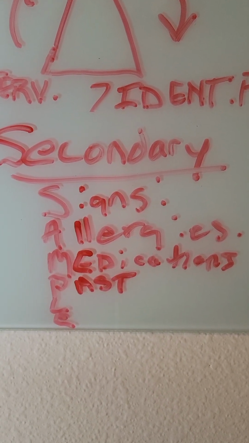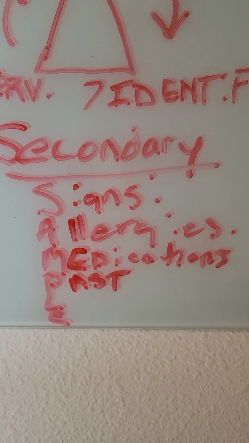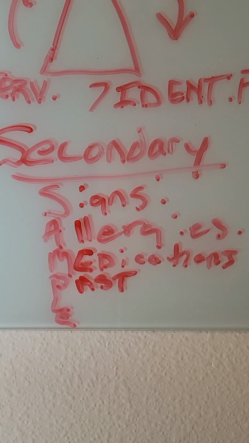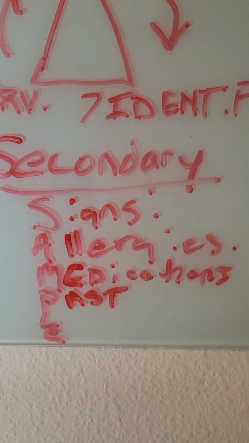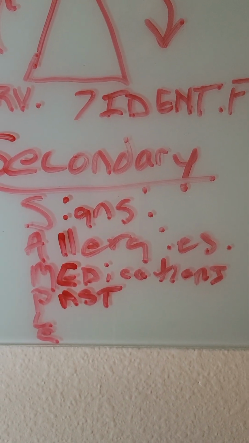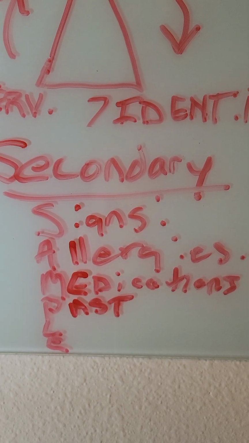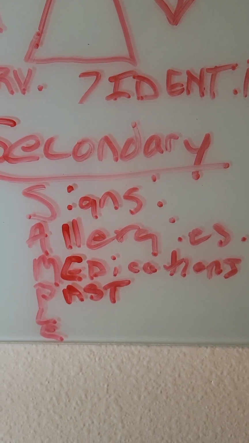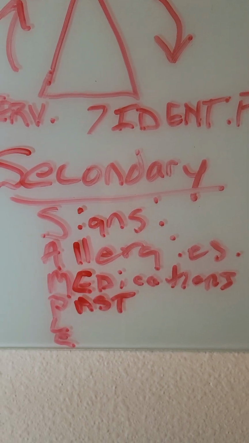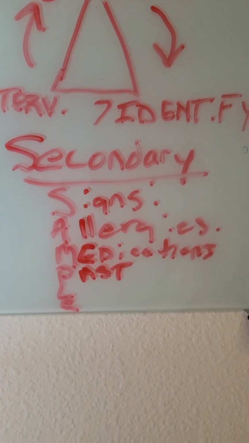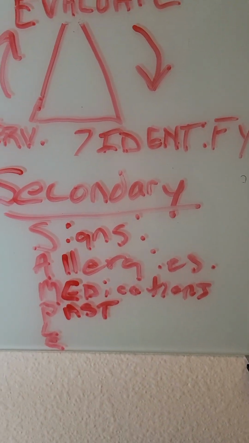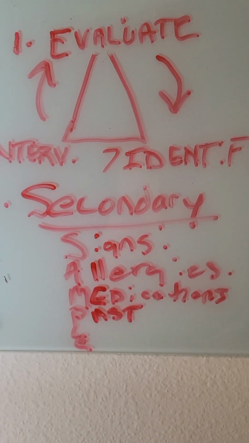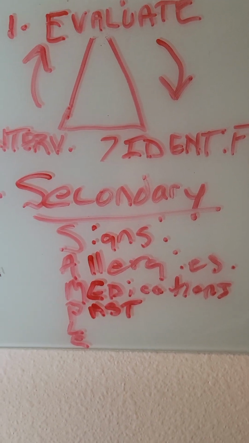How about past coughing at night? Yeah. They cough every night. Every night they go to bed, they cough. Or they cough every time they try to swallow something thin. Ooh, that's important. So again, information on the secondary assessment is coming from the caregiver, and they're saying to you, in the past, this is what I've noticed.